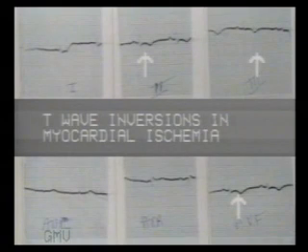The second change that may be seen is inversion of T waves in anterior or posterior limb leads. Note the T wave inversions in leads 2, 3 and AVF. In the absence of chest pain or infarct, T wave inversion suggests myocardial ischemia and their location suggests the area of ischemia.